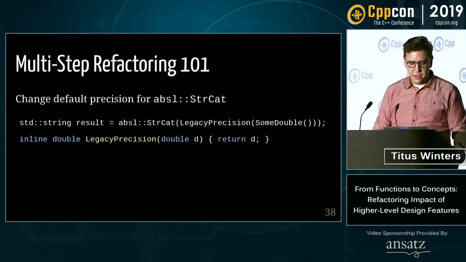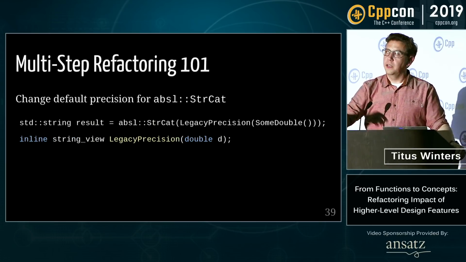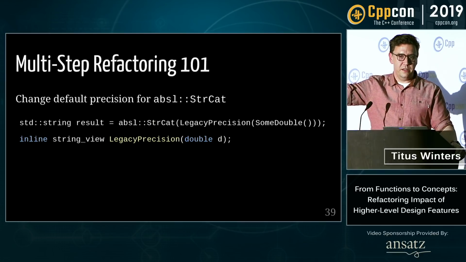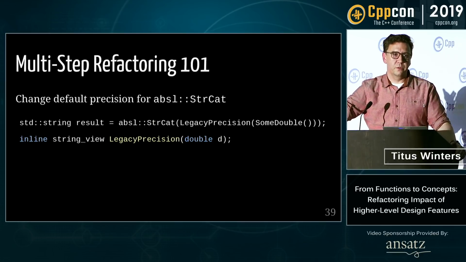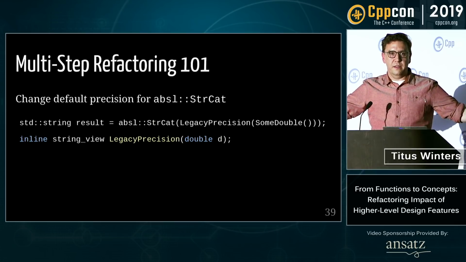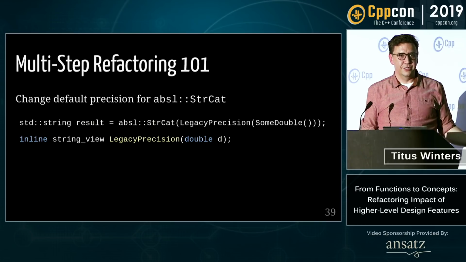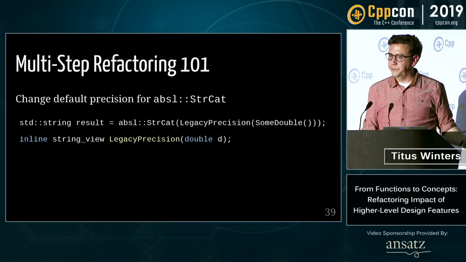Aha. And so then, in a single step, you can change the unused behavior and change the implementation of legacy precision to return a string view instead of the double, right? And you preserve the old semantics while, like, pulling the tablecloth out, right? You see how that works?